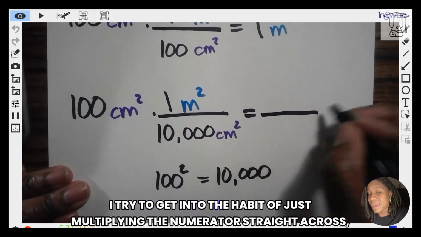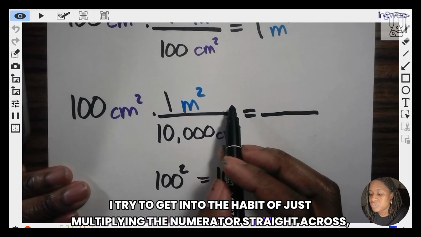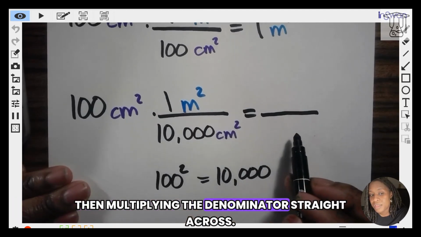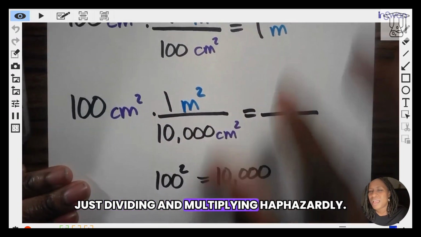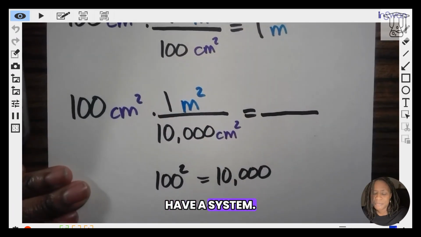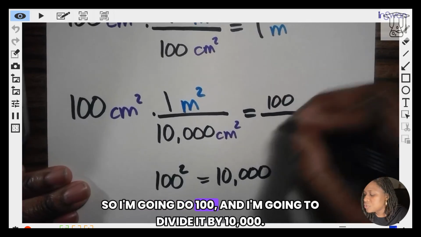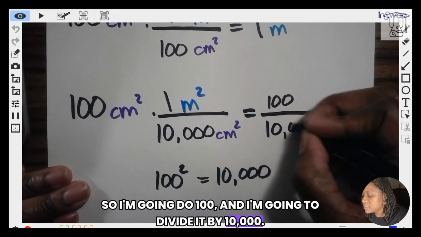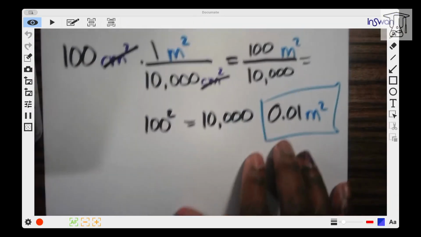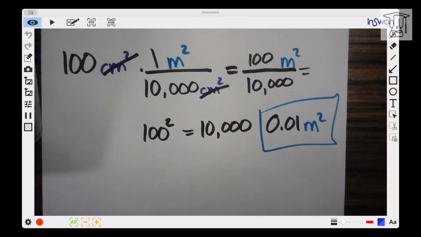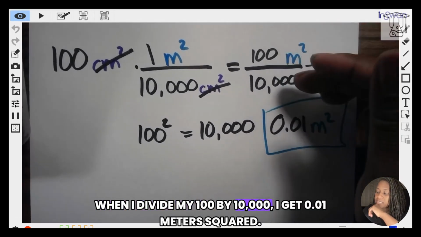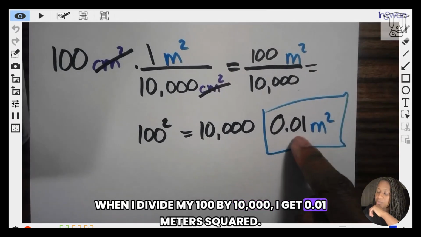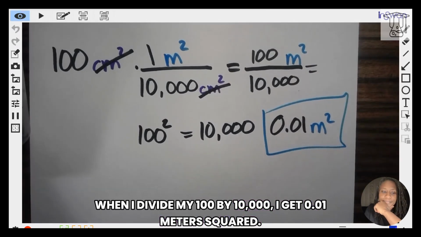I try to get into the habit of just multiplying the numerator straight across, then multiplying the denominator straight across, because when you get to more complex problems, you may miss things if you're just dividing and multiplying haphazardly. Have a system, have a method. So I'm going to do 100, and I'm going to divide it by 10,000. When I divide my 100 by 10,000, I get 0.01 meters squared.